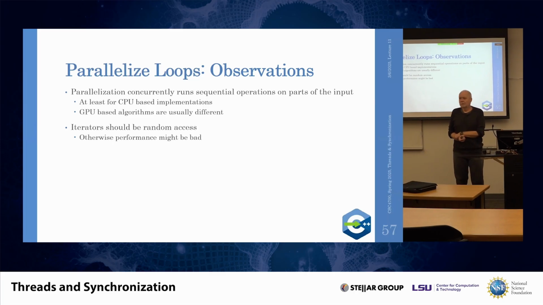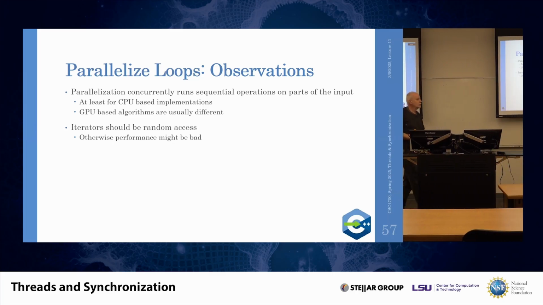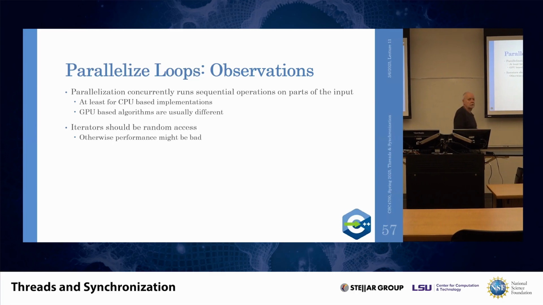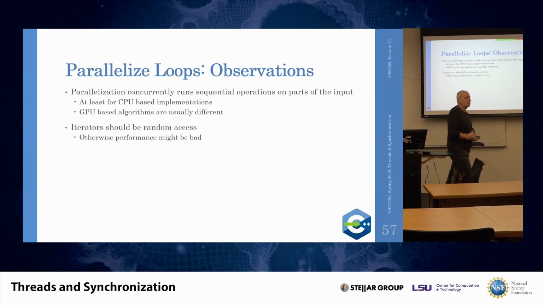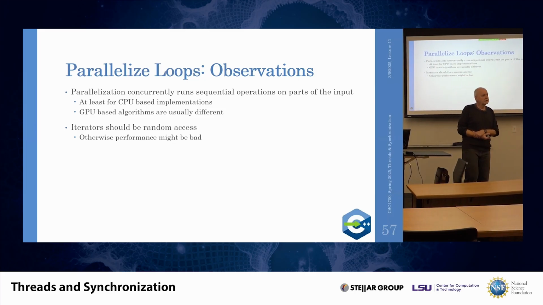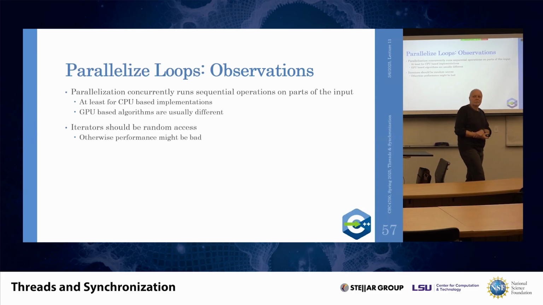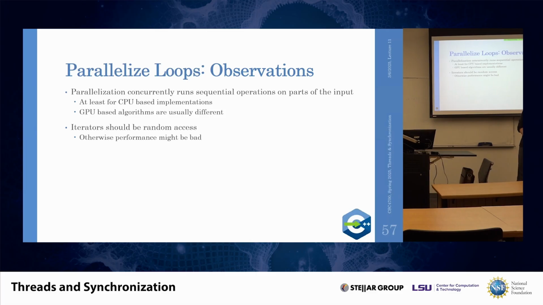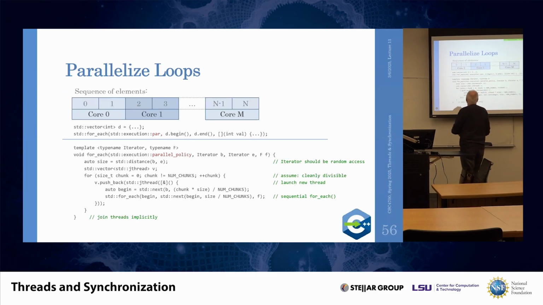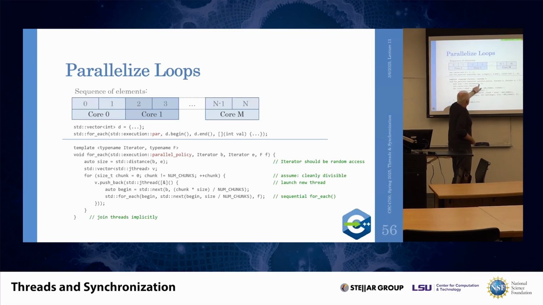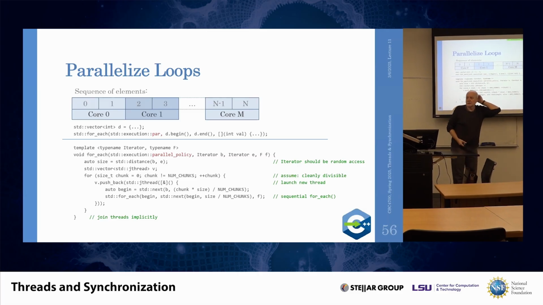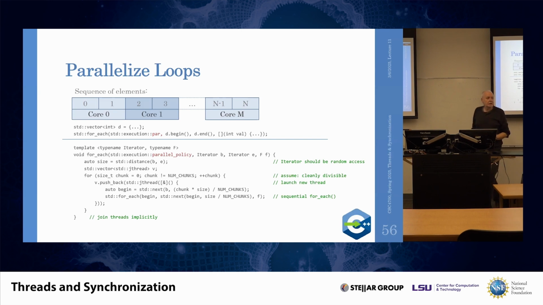Why is that? Why should they be random access iterators? Why shouldn't I use a std::list and pass it to a parallel algorithm? Anybody? What's the computational complexity of computing the distance between two iterators if the iterators are not random access?